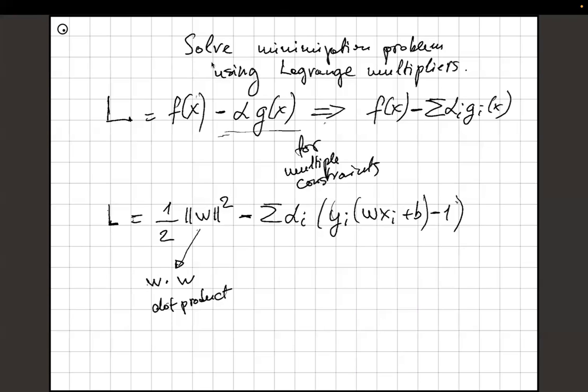So when the derivative equals zero, then we found the minimum. And we take partial derivative by coefficients W and bias B. So these are the unknowns for our case.